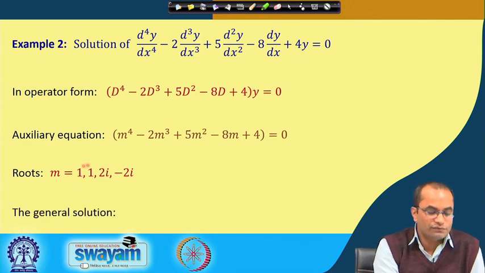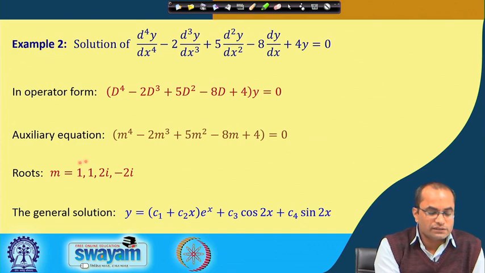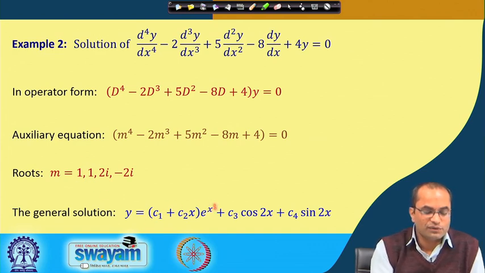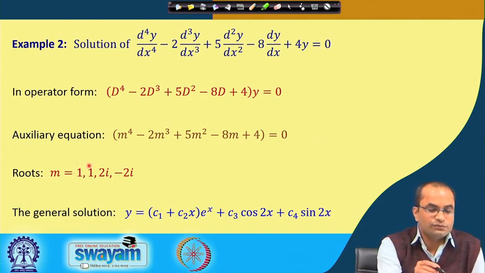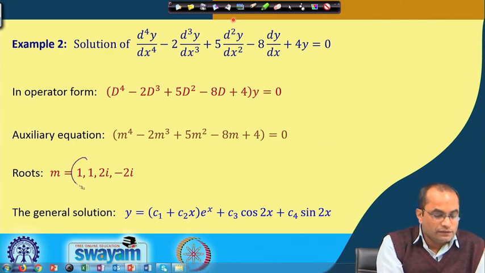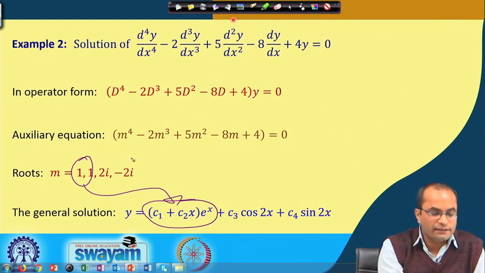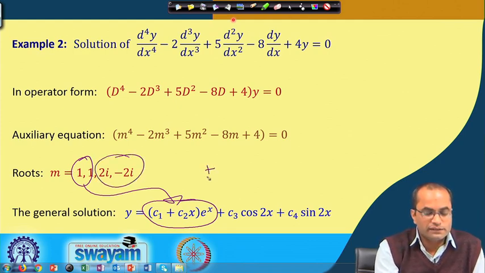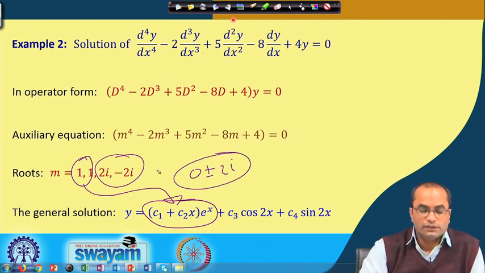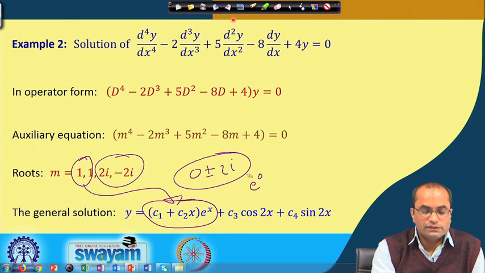So, the general solution will be C1 plus C2 x times e to the power x, because of this repeated root here. Then for plus minus 2i, that is the other root, we get e to the power 0x, so alpha times x, and then the constant, which is C3 here because C1 and C2 have already appeared.